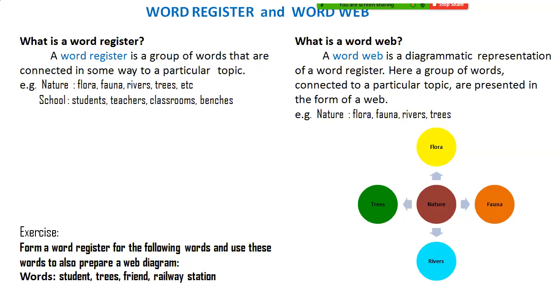That means you will use these words both to prepare a word register and to prepare a web diagram. The words that you will use are student, trees, friend, and railway station.